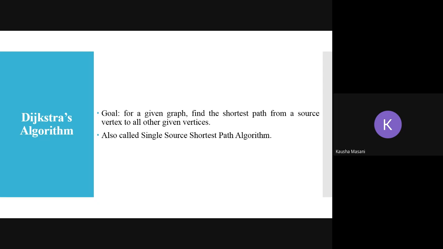Okay, students are spelling it as Dijkstrax, Digicrax. It is not Digicrax or Dijkstrax. It is Dijkstra's algorithm. Okay, Dijkstra's algorithm.